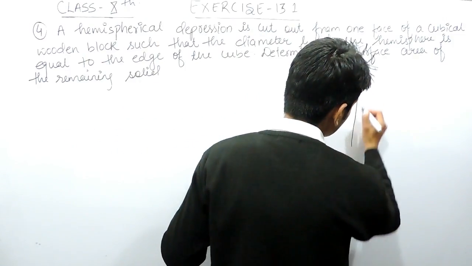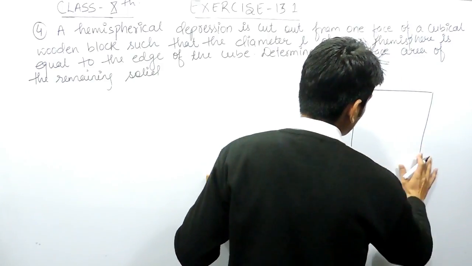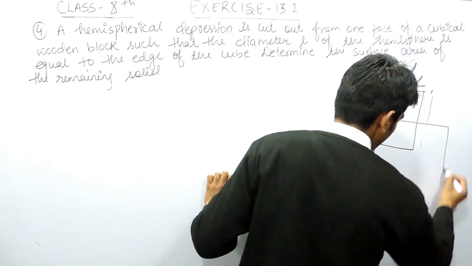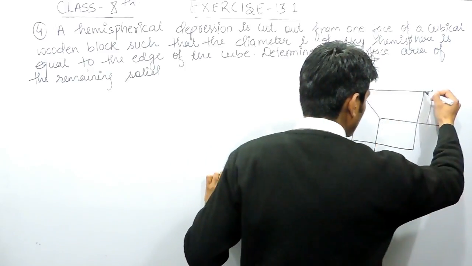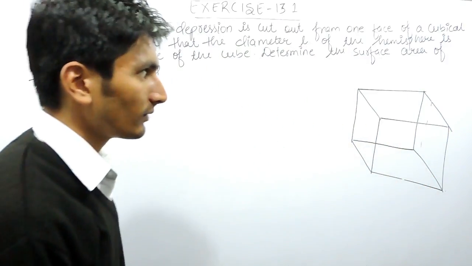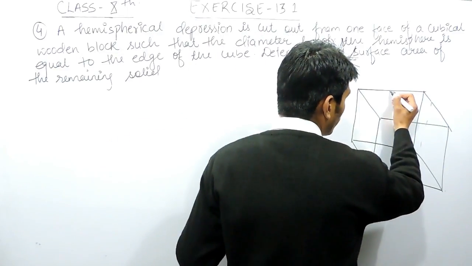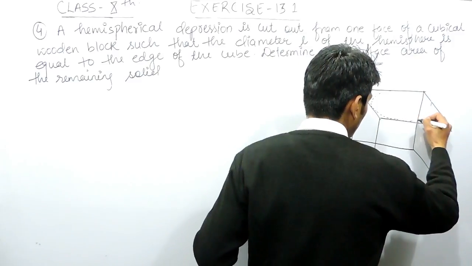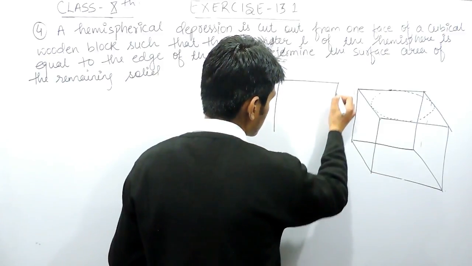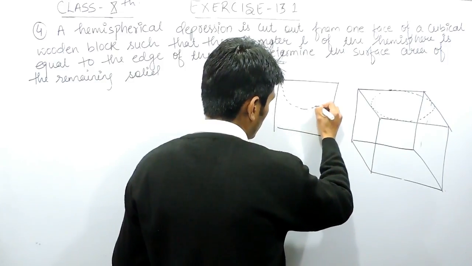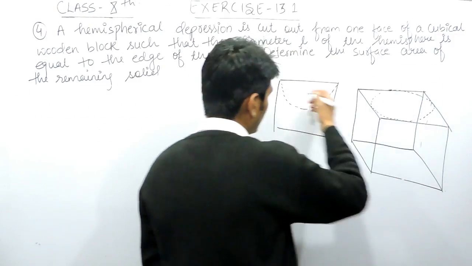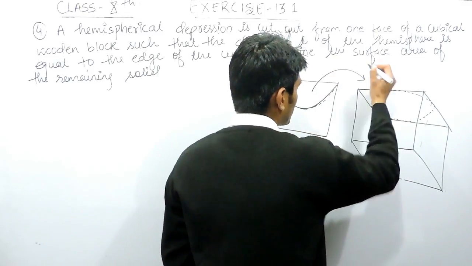A cube is given to you. This is the cube, and it is given that from the top of this cube a hemispherical depression is taken out.